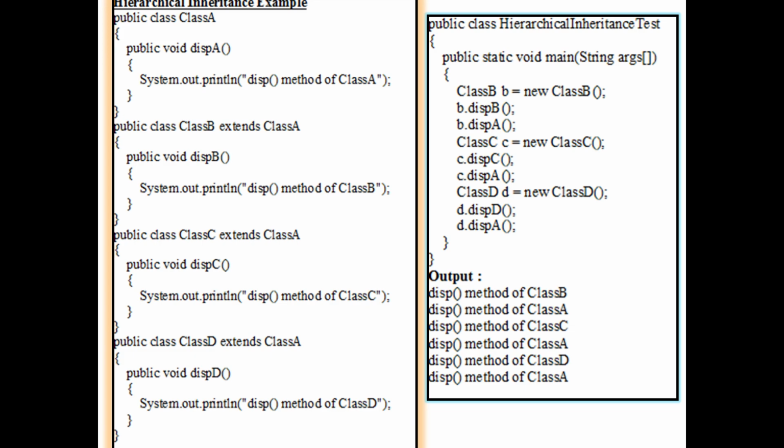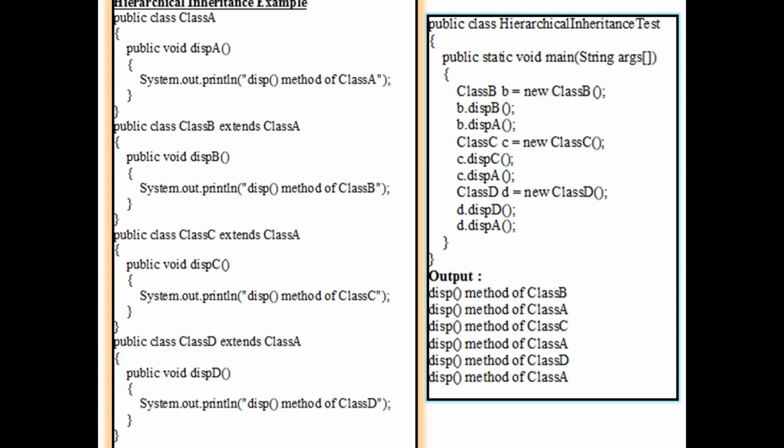So for class B, the object is b. Using this object, we can access the property of class A and also the property of class B. So b.displayB and b.displayA. Using the object of class B, we can access the displayA method and also the displayB method.